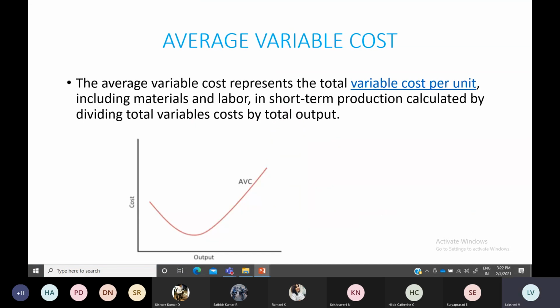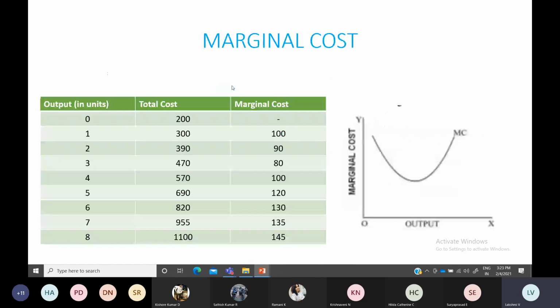The average variable cost curve will start to decrease, and then after reaching a minimum level, after a certain point, it will start to increase. So that is the average variable cost.